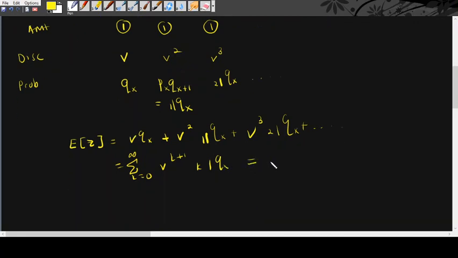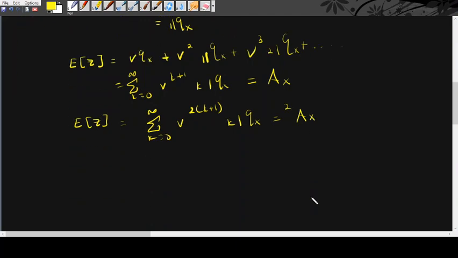Its actuarial notation is A_x. The second moment would be the summation from k equals 0 up until infinity of v to the power of 2k plus 2 times k given q_x, with actuarial notation of 2A_x. The variance of z is the second moment minus the first moment squared.